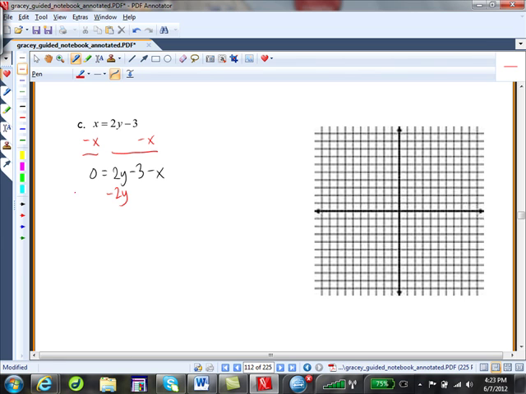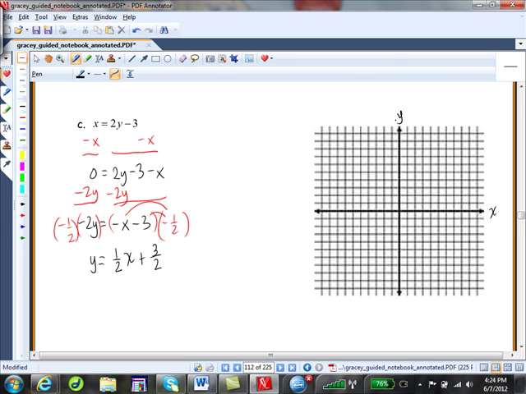Now we'll have to subtract 2y. And I'm going to commute that negative x and the negative 3. So we'll get negative 2y is equal to negative x minus 3. Now multiplying by negative 1/2 on both sides. Again, distributing. We will get a result of y equals positive 1/2 times x, and then plus 3/2.